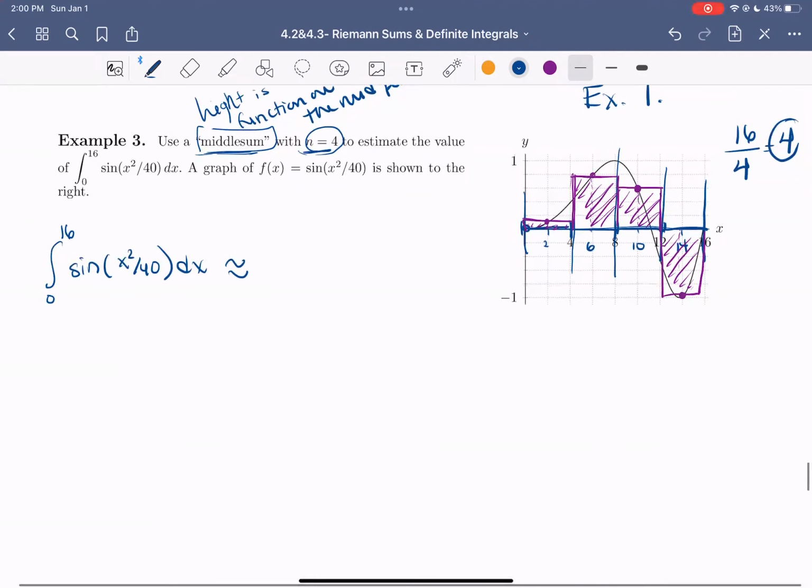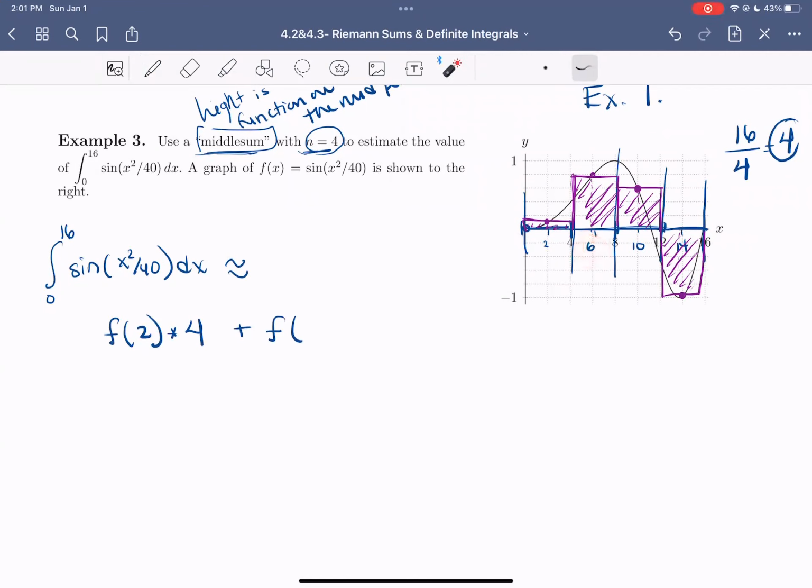The first rectangle, the height occurs at f of 2 and the width is 4. The next, the height is f of 6 with the width of 4. The next, the height is f of 10, width of 4. And the final rectangle, the height is f of 14 and the width of 4.